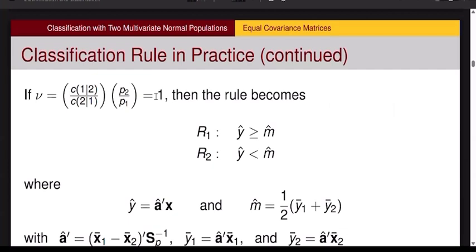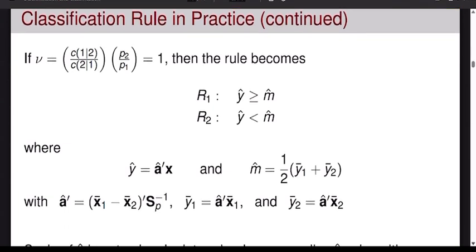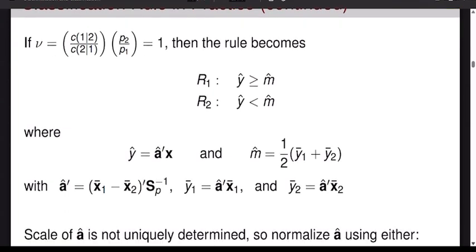Now, if I want to derive a rule, the rule is: when y cap is greater than or equal to m cap, I will classify the observation into region 1, and I will classify the observation into region 2 when y cap is less.